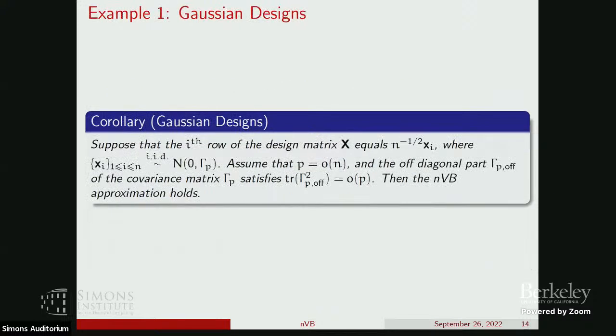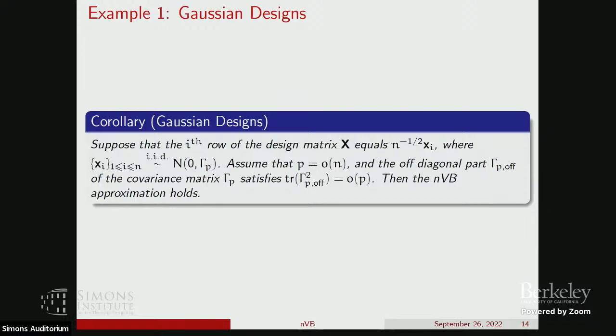Now you can ask me this question: is your condition any good? Maybe you're just covering only a small part of the set of examples that exist out there. Actually, we have some understanding that there is some sense in which this set of conditions is nearly optimal.